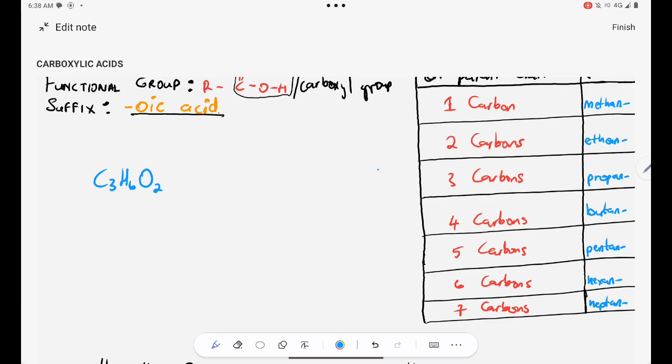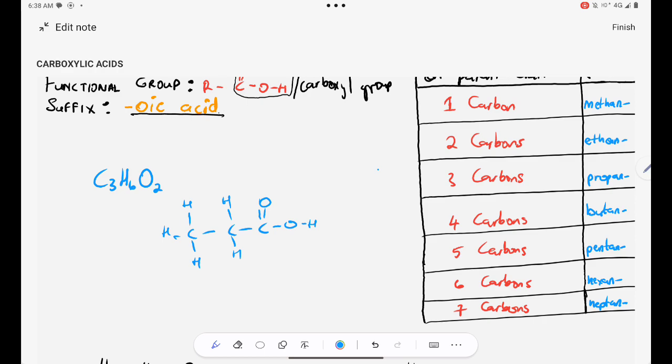If it's a carboxylic acid and it's given like that as a molecular formula, it's very easy to draw, because I know that my functional group will be at the terminal carbon. So I'll simply draw 3 carbons like this, and then the terminal carbon will have my functional group. If I count there, I have 6 hydrogens, 3 carbons, and 2 oxygens.